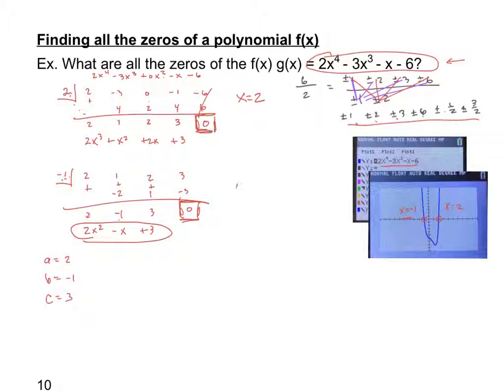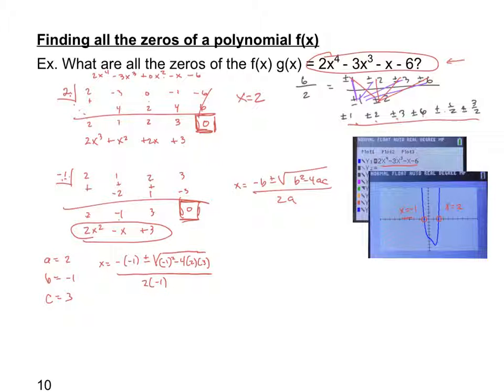I hope that you remember that x is equal to -b plus or minus the square root of b squared minus 4ac, all over 2a, is my quadratic formula, and what we want to do now is populate the a, b, and c into that formula and simplify.